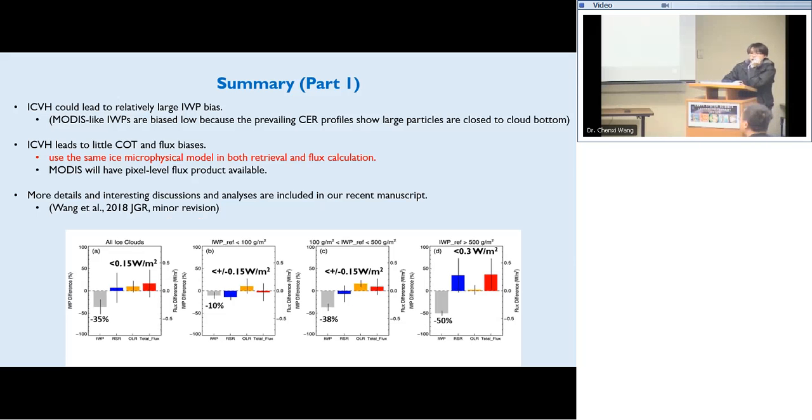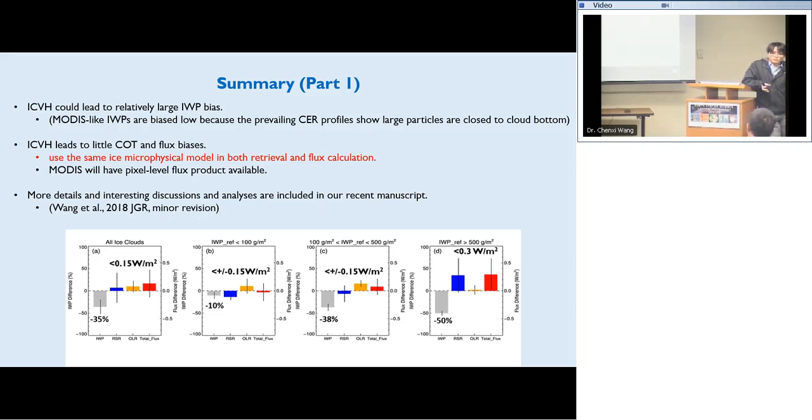You mean the uncertainty? I didn't look at that in the standard MODIS product, but I guess in terms of IWP, because in MODIS they don't retrieve IWP directly, they retrieve COT and particle size, and the IWP is actually a product of those two variables.